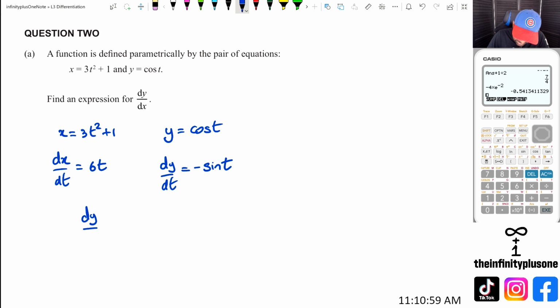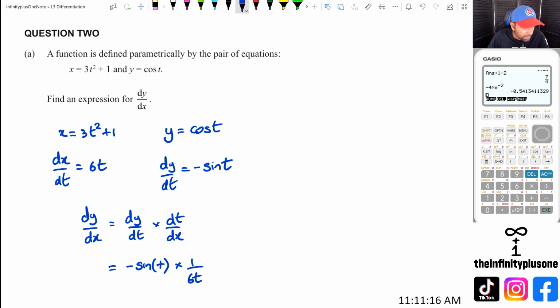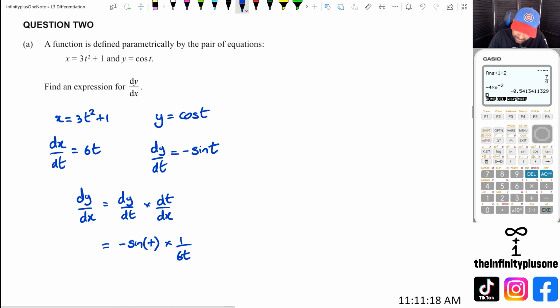So from this, we can say that dy dx is equal to dy dt multiplied by dt over dx. So we're going to get negative sine t multiplied by 1 over 6t. And pretty much we can leave it like that. That's going to be your achieved grade for this question.